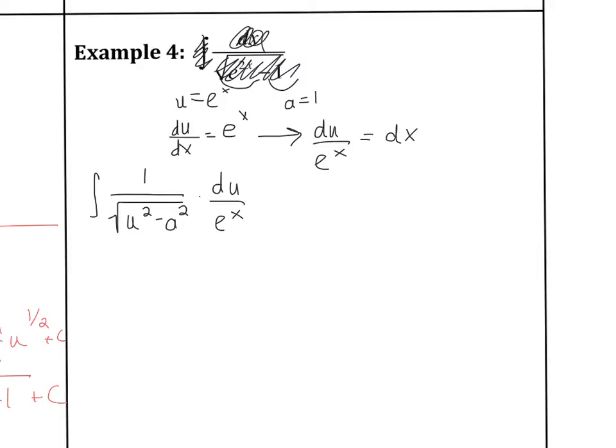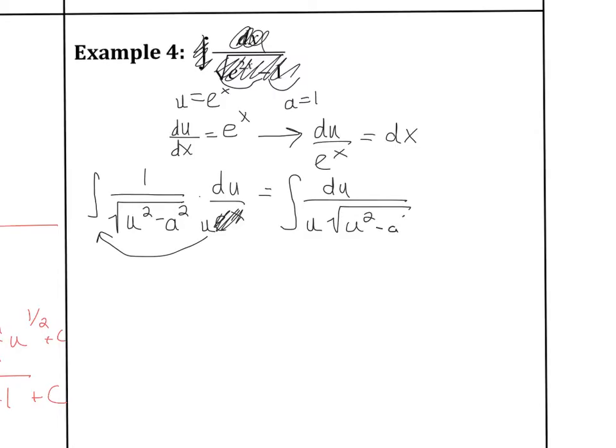But notice, I've got u's and x's in my expression still. I don't want that. But if you look back at our top definitions, e to the x is u. So instead, I'll just write u. And now look what we have. The antiderivative of du over, I'm just going to move this u out in front here, u times the square root of u squared minus a squared.